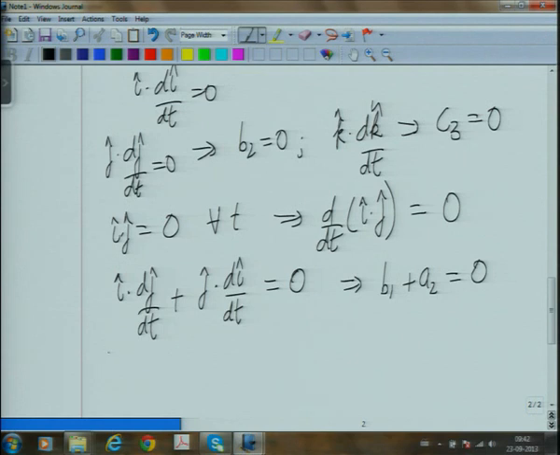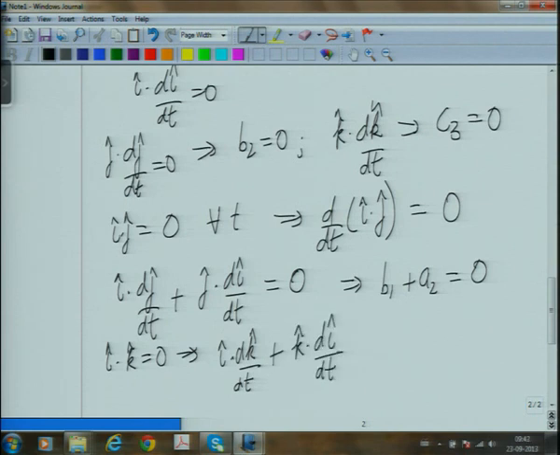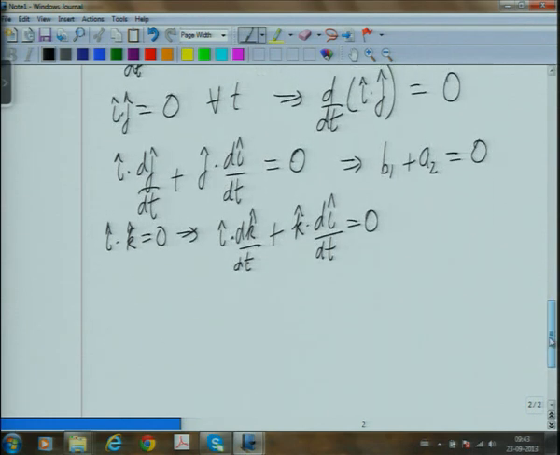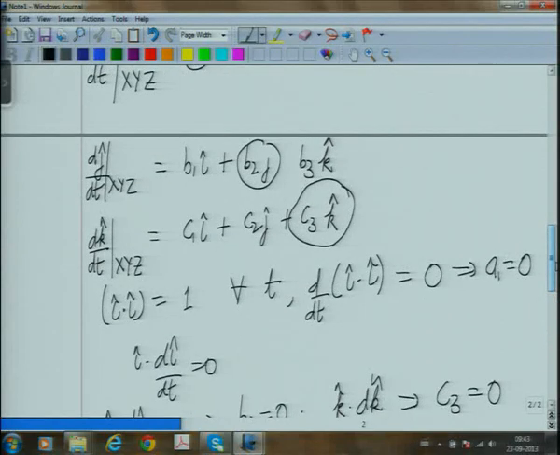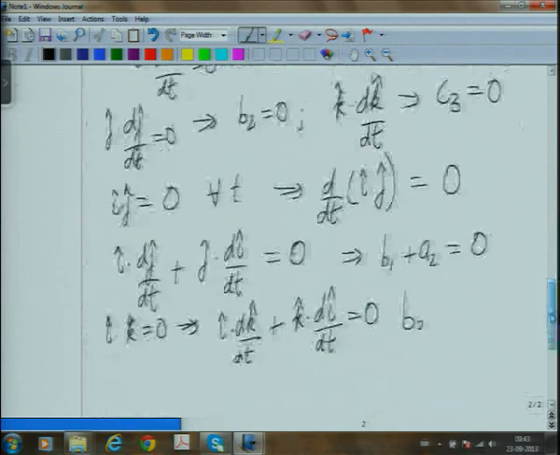Similarly, I have i dotted with k is equal to 0. This will mean i dotted with dk by dt plus k dotted with di by dt is equal to 0. And this leads to a relation which, let us see, i dotted with dk by dt. So when I dot with i I will get c1 and I will get a3.